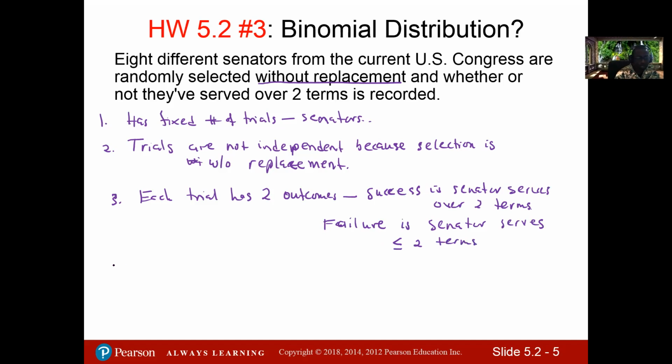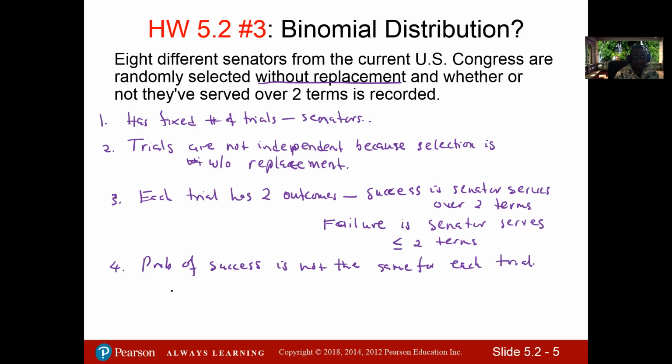And then, of course, the 4 is that the probability of success is not the same, because the success is affected by the previous selections. So again, the probability of success is not the same for each trial. Why?